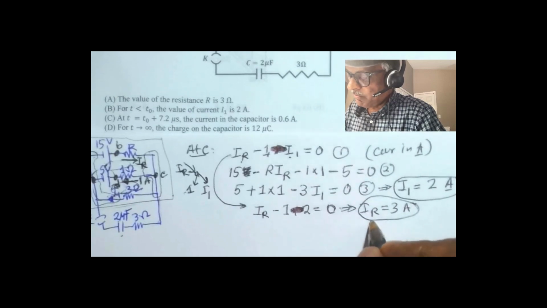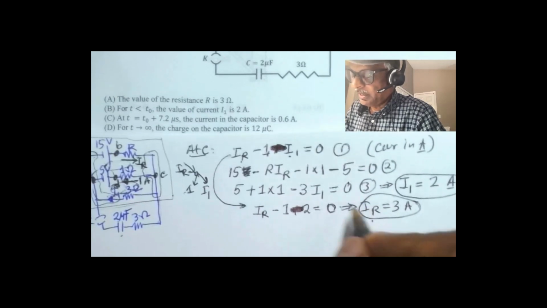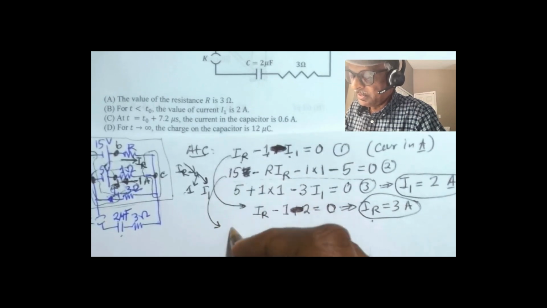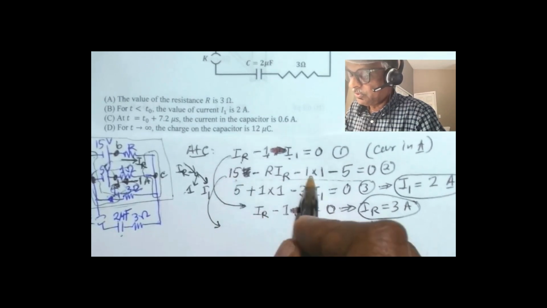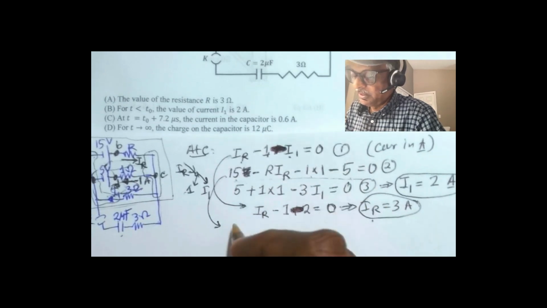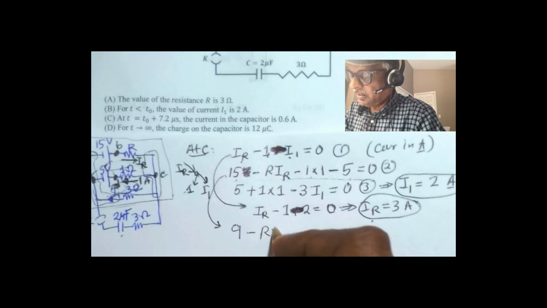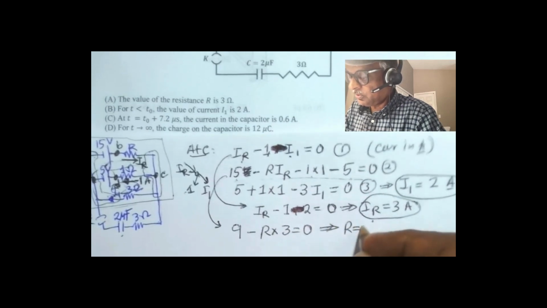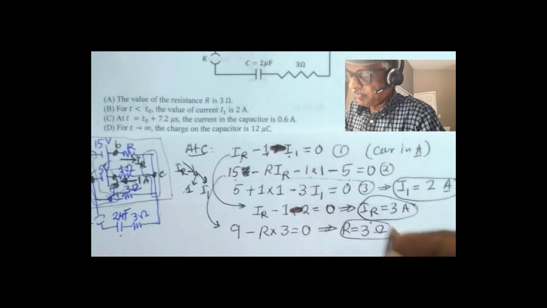Okay, so IR, and if I plug IR in here, I should be able to get 15 minus 1 minus 5, that's a 9, minus R times 3 equal to 0. So this R equals to 3 ohm.